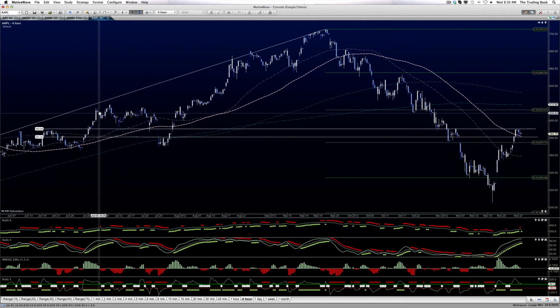All I'm saying is this: a lot of us fall in love with stocks. Apple is one of those things that people just love. You have got to be objective about how you look at a stock and what's ahead based on formations.